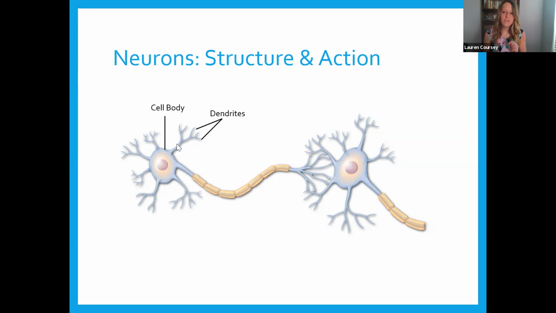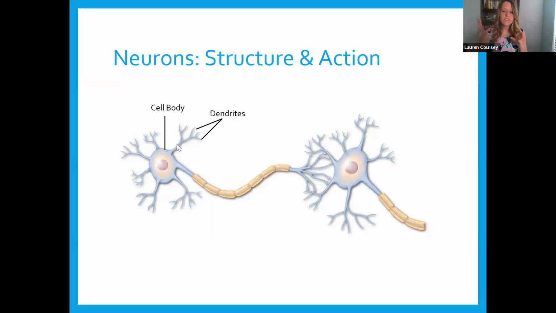Some of these messages are excitatory and some are inhibitory. Excitatory messages increase the likelihood that a neuron will fire and communicate with the postsynaptic neuron. The inhibitory messages decrease the likelihood that a neuron fires and communicates with the postsynaptic neuron.